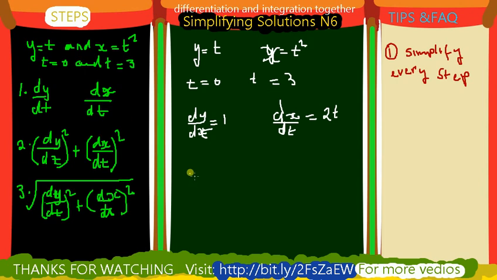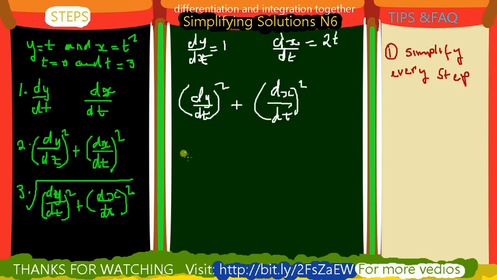So the next step, we started with the first step. The next step, we square everything, square this, and add with the other one. Let's put 1 here, squared, plus 2t squared. You have to bracket everything and put it squared.